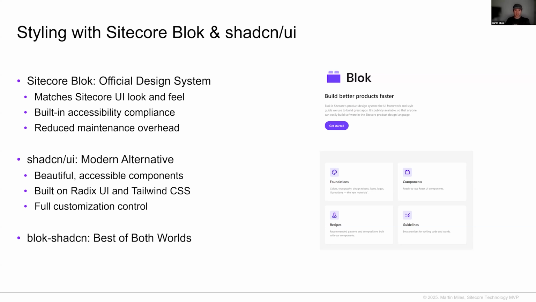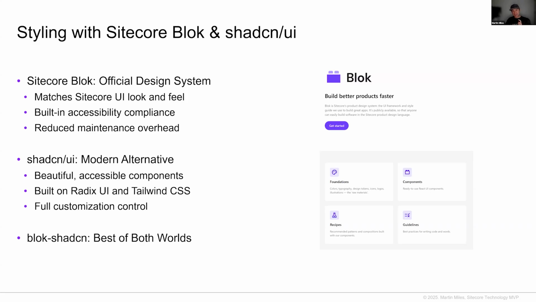Shadcn UI is the popular alternative in the React ecosystem. It's a collection of beautifully designed components built on Radix UI, and it also uses Tailwind CSS. The unique thing about Shadcn is that it's not a traditional component library. Instead, you copy component code directly into your project, which gives you full control over customization.